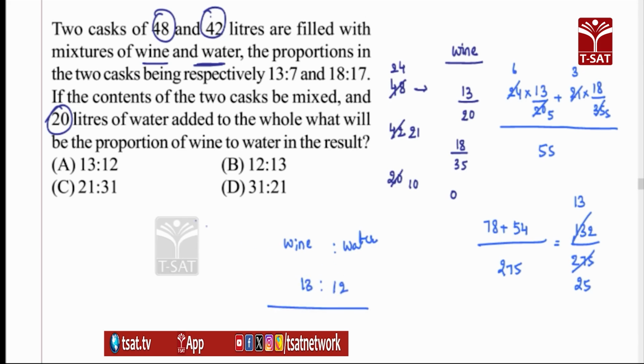So wine and water in the ratio 12:13. Answer is B. The moment you get it here, 12 parts is wine means the rest of the 13 parts will be water there.